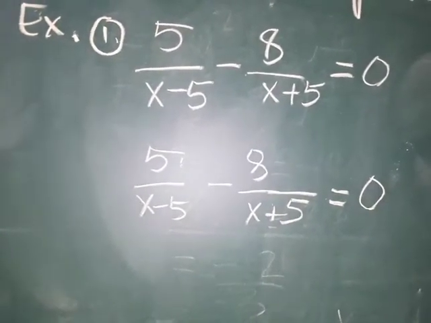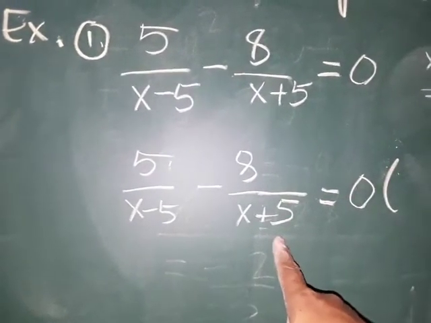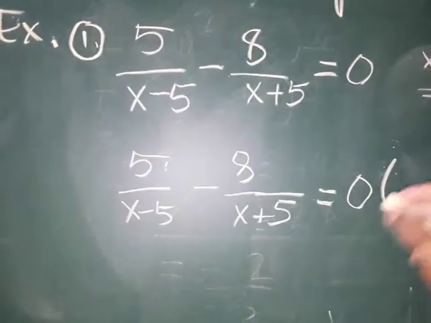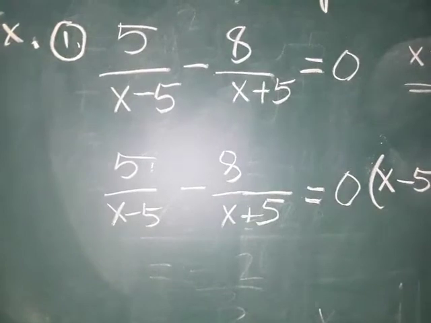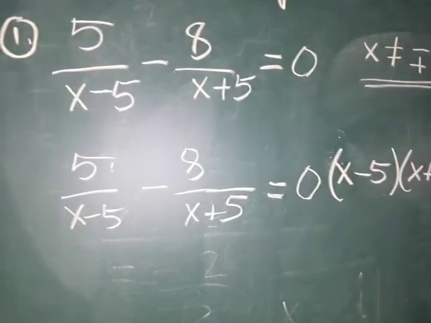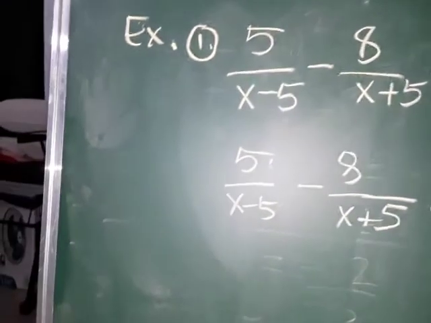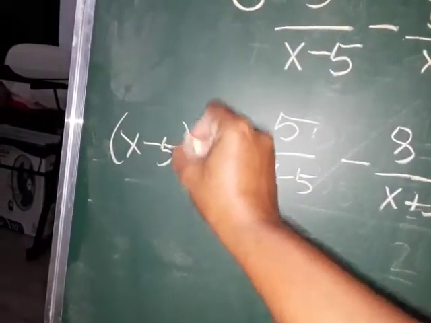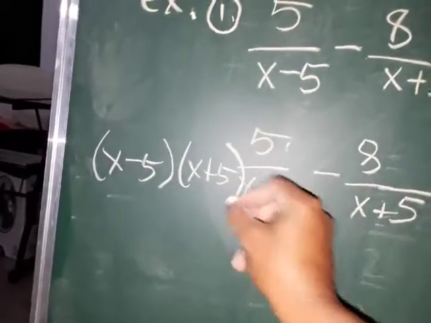So, i-multiply natin siya both sides ang ating LCD. Okay, ang ating LCD ay x minus 5 and x plus 5. Lagay din natin sa kabila, x minus 5, x plus 5.